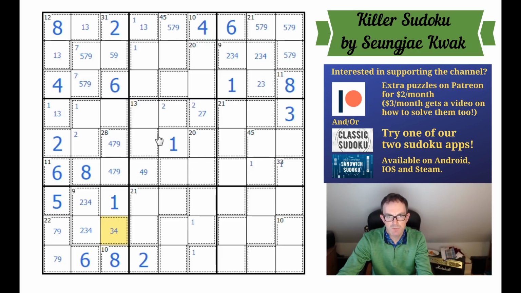Right, so what am I meant to spot now? 4, 1, 3, 1, 3. This 3 is pointing at that square, so that's a 1, 3, 1, 3.